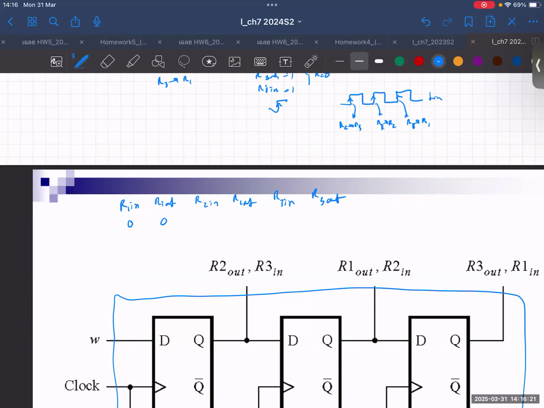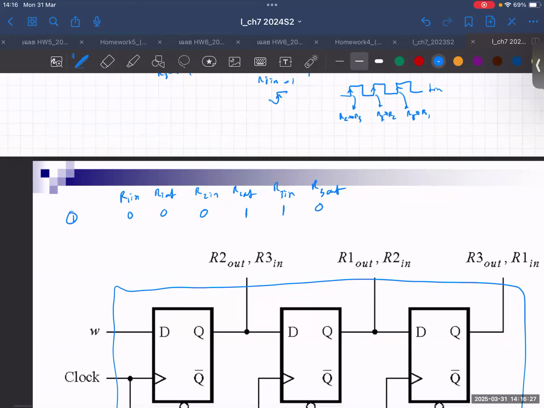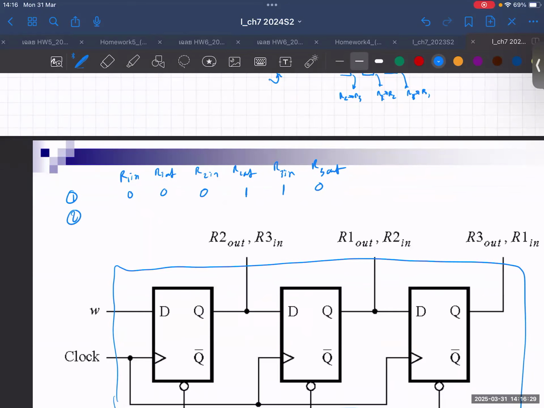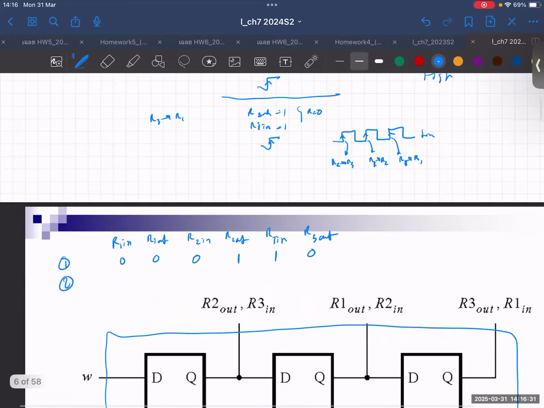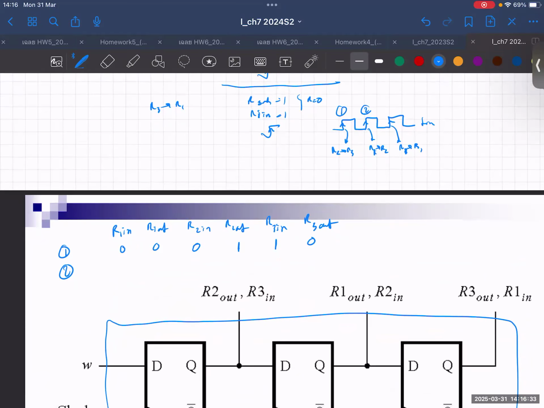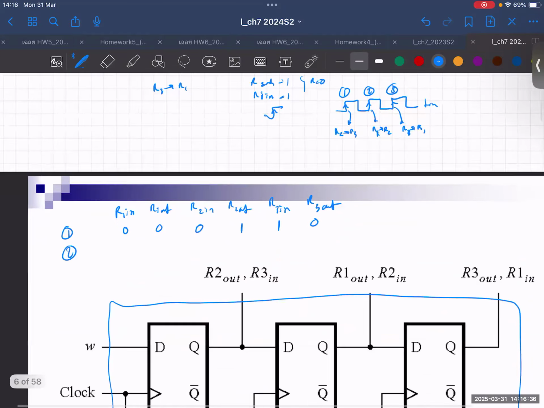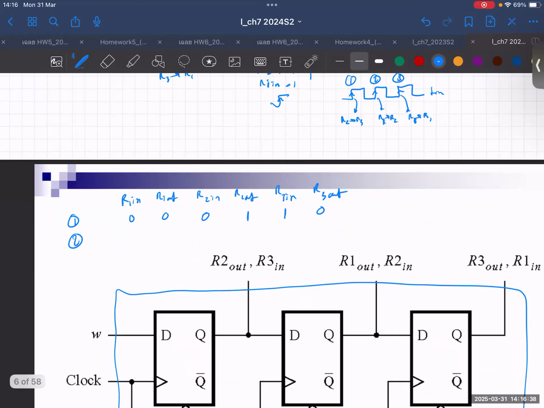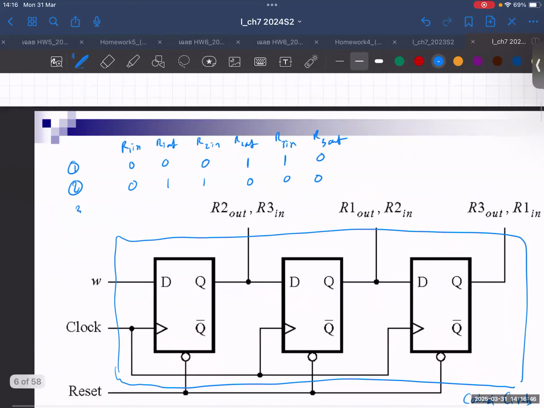Except R2 out is 1 and R3 in is 1. Okay, that's the first step. Okay, the second step, this is for each edge. The second edge is going to be what? 0, right? 1, 1, and 0, 0, 0. And then at the third step, it's going to be 1, 0, 0, 0, 0, 1.